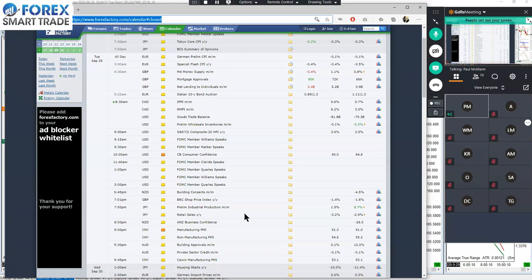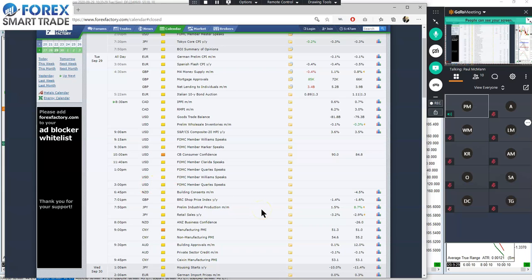Now, today is going to be a little bit of a crazy day. Why is that? Because they've got those debates tonight. And not only because of the debates tonight, look at how many yellow items we have under USD. Starting at 8:30, 1, 2, 3, 4, 5, an orange item, 6, 7, 8, 9, 10.